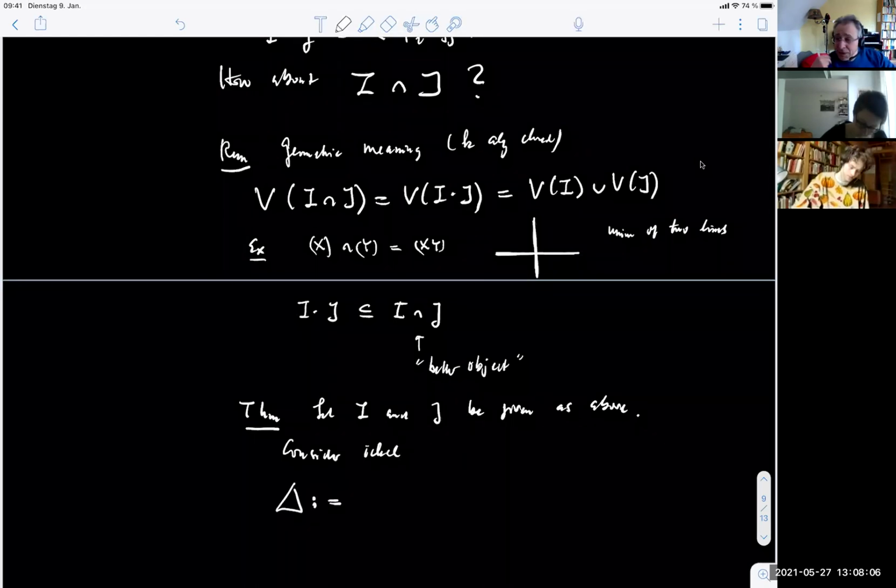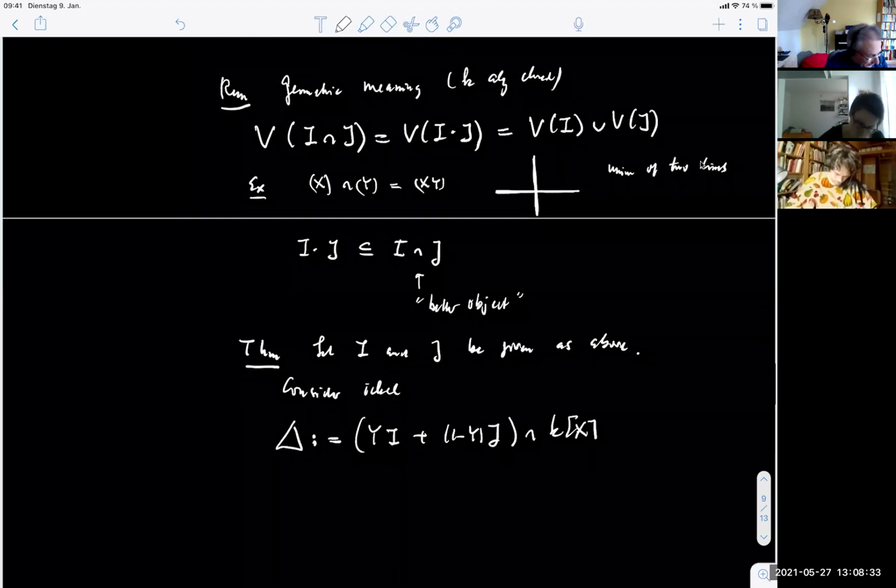So I take one additional variable y, which I want to eliminate later. I look at this ideal, which I can write this way: y times I plus (1 minus y) times J. And I intersect this with K[x], meaning I eliminate the y variable.